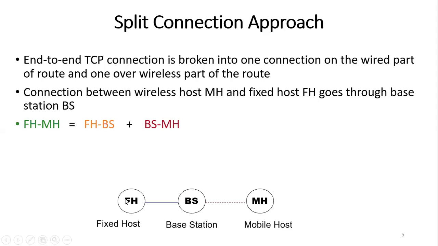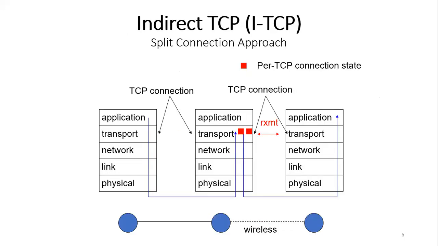So from the fixed host up to the base station, you have one TCP connection, and you have another TCP connection over the wireless link. There you use a TCP connection according to your need, configuring your TCP based on this and this. So two TCP connections are used. If you use that, it is called a split connection approach.